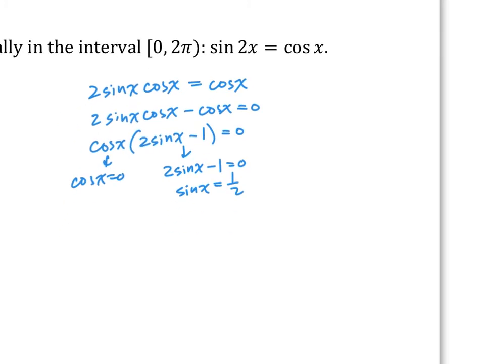Again, now you want to think about what angles would make this work. Same thing as before, cosine equal to 0 is at pi over 2 and 3 pi over 2. This time we don't add 2 pi n because it says just find it within that one unit circle. Sine x equals 1/2, so x is equal to pi over 6 and 5 pi over 6. So that's it for answers.